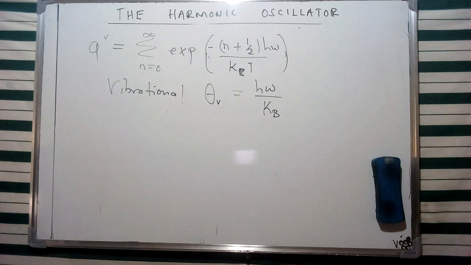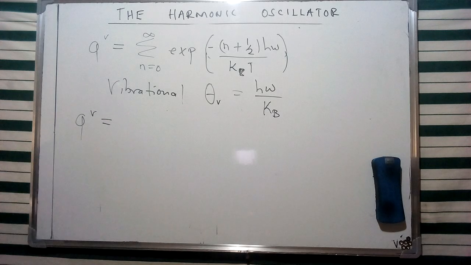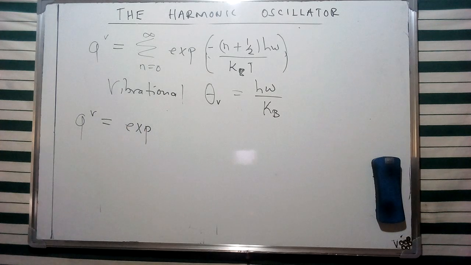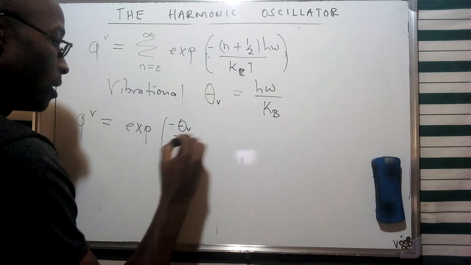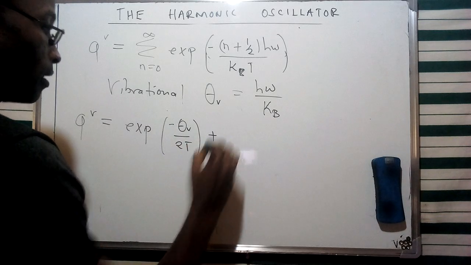we're going to have this given in terms of Q_V. So we're going to do various substitutions of this specific summation for the values of Q_V, whereby we have it as an exponent. The first term is going to give us negative vibrational temperature over 2T, and then the negative term giving us a plus.